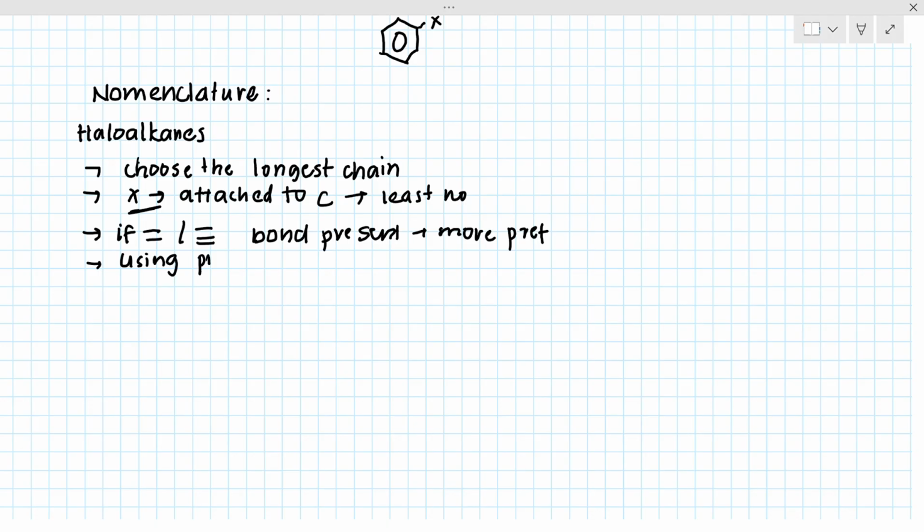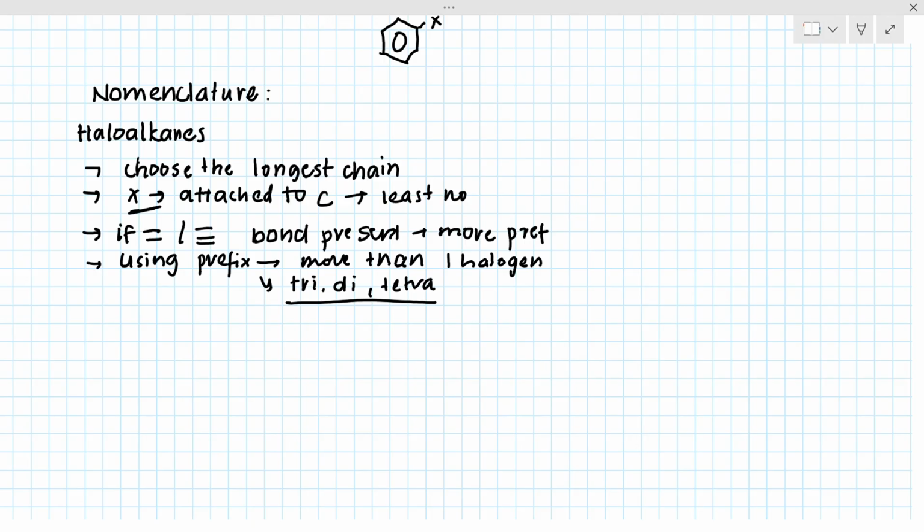And then, using prefixes when there is more than one halogen. It is advised to use prefixes like di, tri, tetra. So you have to use these prefixes when there are more halogens.